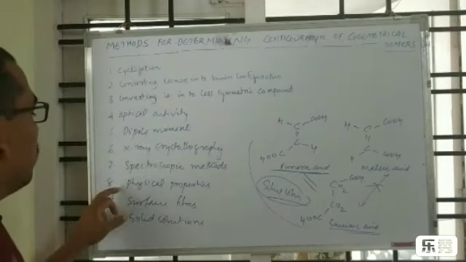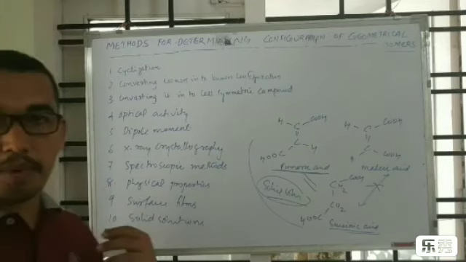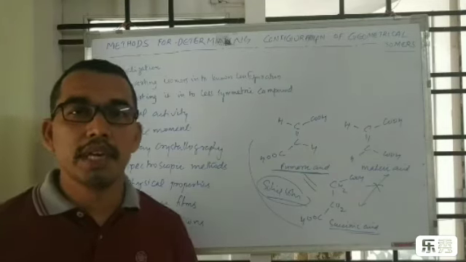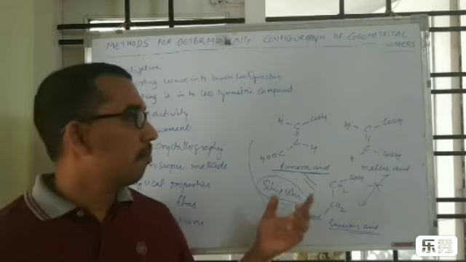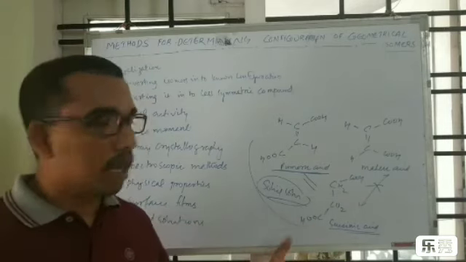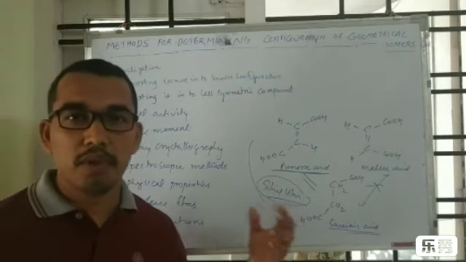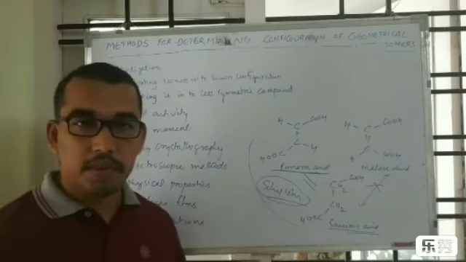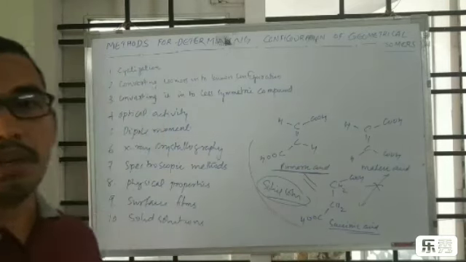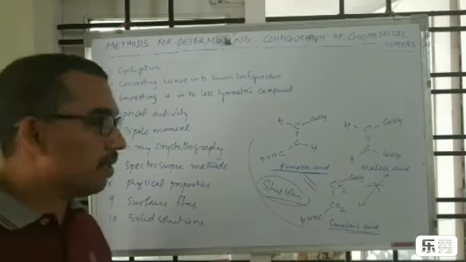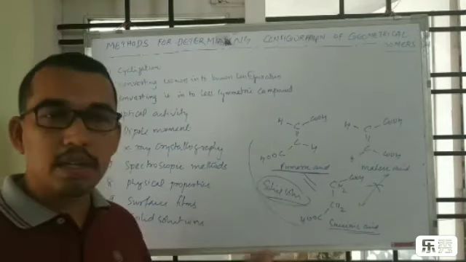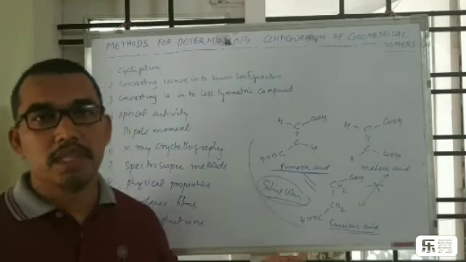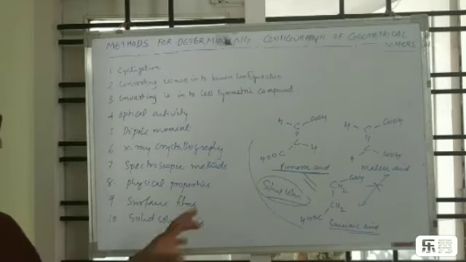Then coming to the next point, physical properties. Melting point is higher for trans isomers, but almost all other physical properties like boiling point, solubility, density, heat of combustion, heat of hydrogenation, refractive index are higher for cis isomer than trans isomer, except melting point.